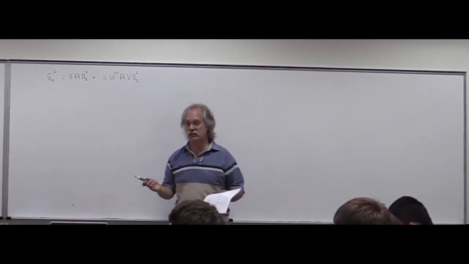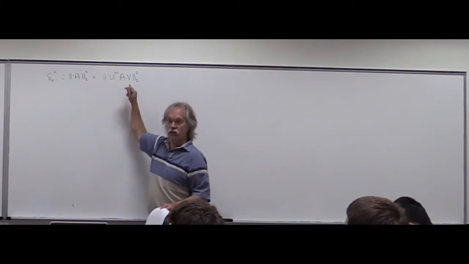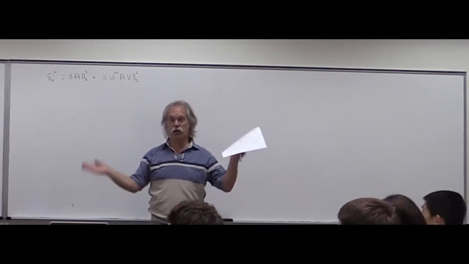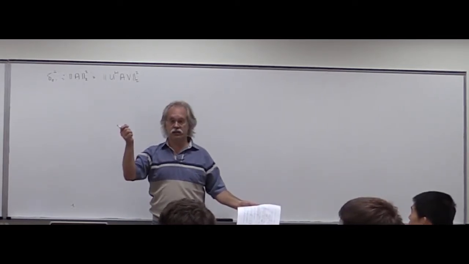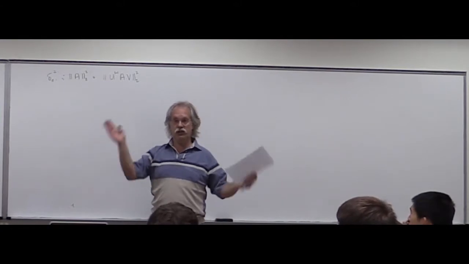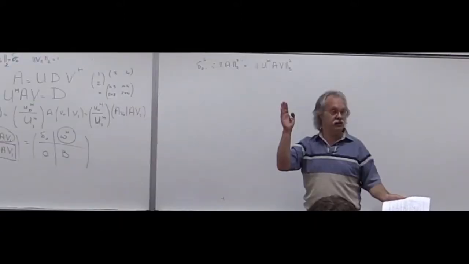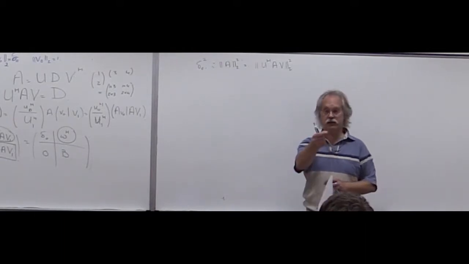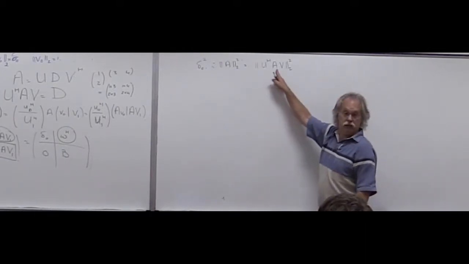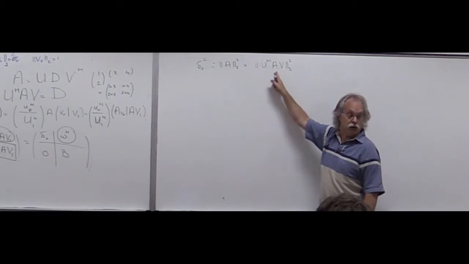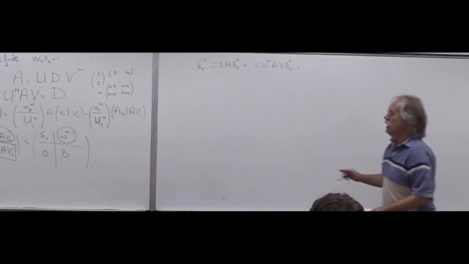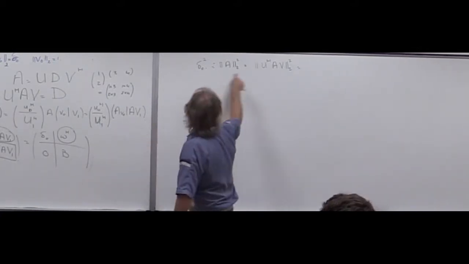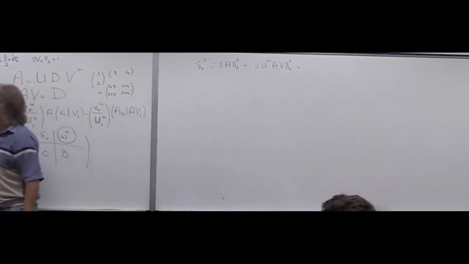Well, we argued that working with U and V on the left and right really was a matter of changing the orthogonal basis in which you express your vectors. If it's unitary, if it's an orthonormal basis, then that doesn't change the length of the vector, and therefore the two norms should be preserved along the way. That's the general idea there. So we have this. And we just discovered that if you compute this, that's this, which was equal to that, and so on. So we get this right here.